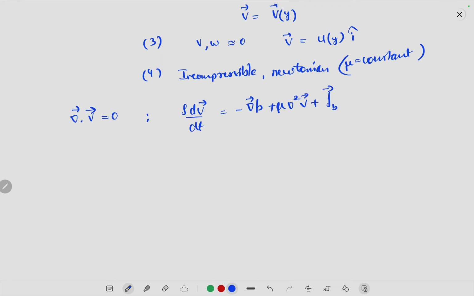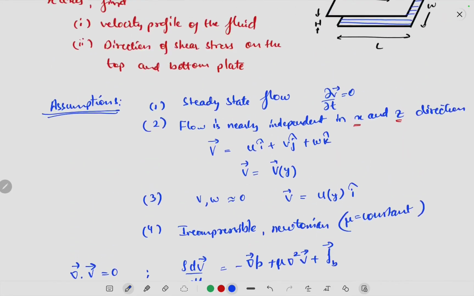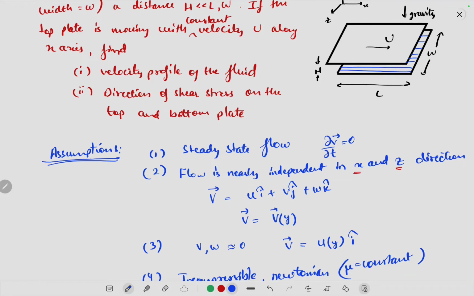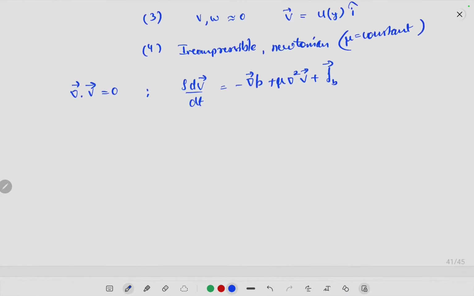Okay, so now the symmetry of this problem tells me that I should take only the Cartesian coordinates, so let's write these equations in x, y and z coordinates and then solve the problem.